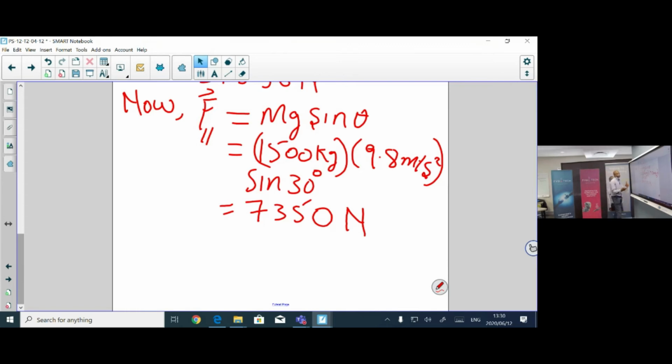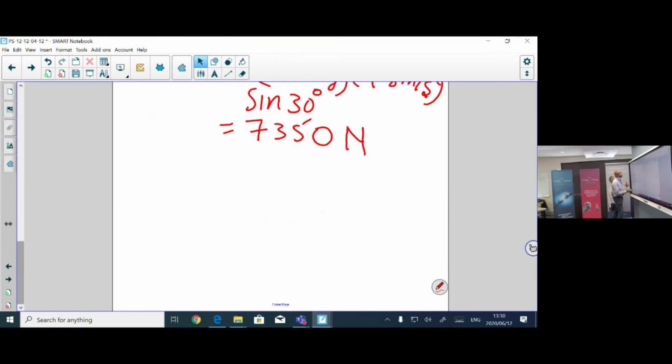Now we know the values of all the forces acting downwards.